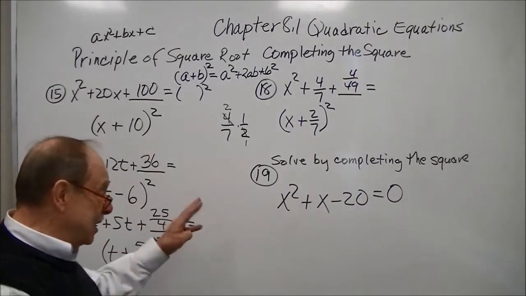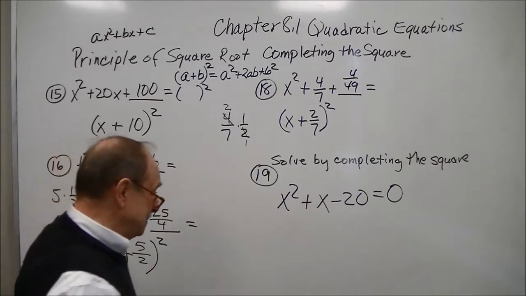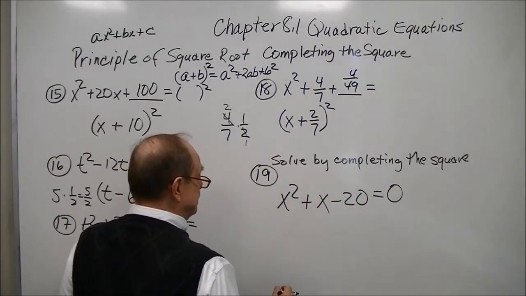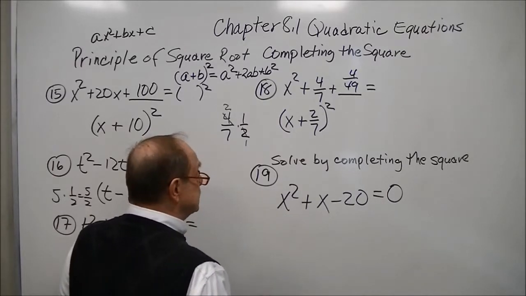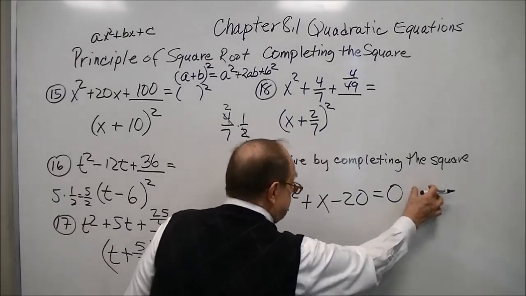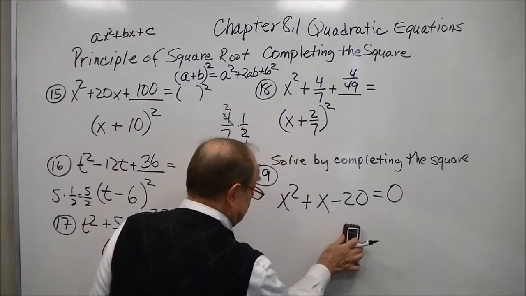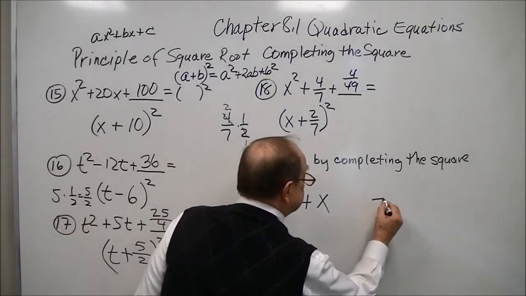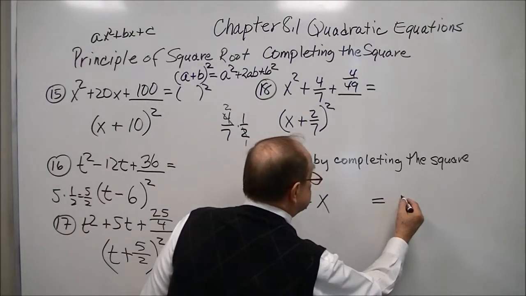All right, but they want us to complete the square. So we will use this example to complete the square. Step 1 in completing the square, take the C term and move it to the other side. So that's what it was originally. They took the C term and they moved it to the other side.